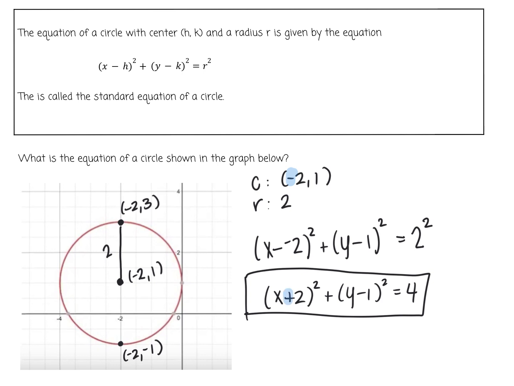And then for my y value, it was positive, so it ends up being a minus. So just like when we were doing the vertex form of a quadratic, the vertex was the opposite of what was with x for the x coordinate, and then y kept its sign. For a circle, it's the opposite for both.